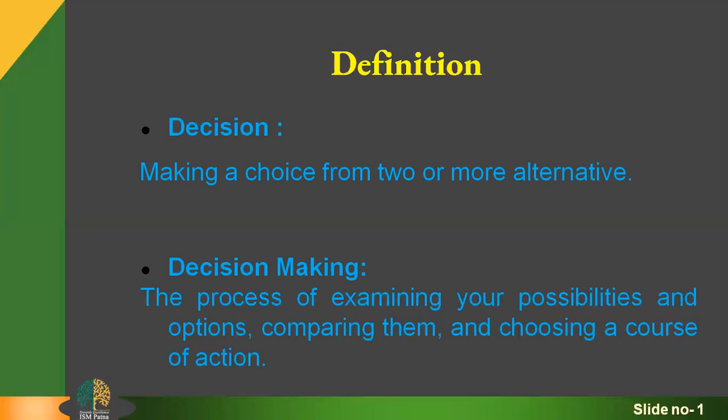So decision making will first of all examine, that is called the part of analysis. And after doing the analysis, it will highlight all the possible options which have to be taken to change the existing process.